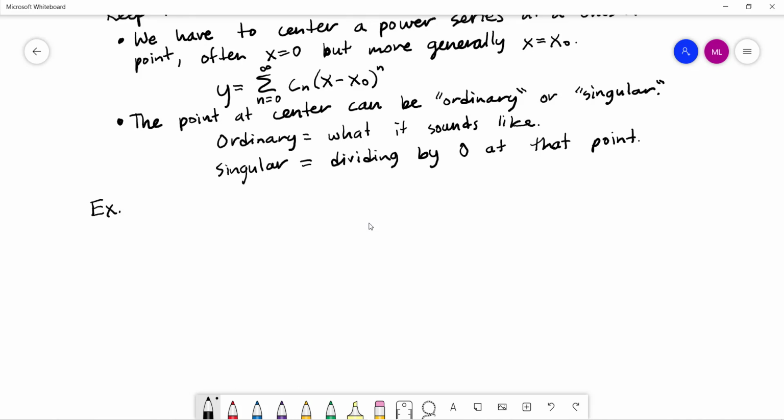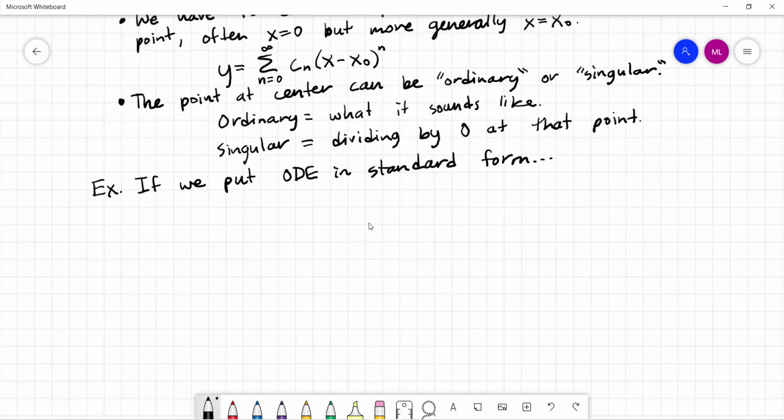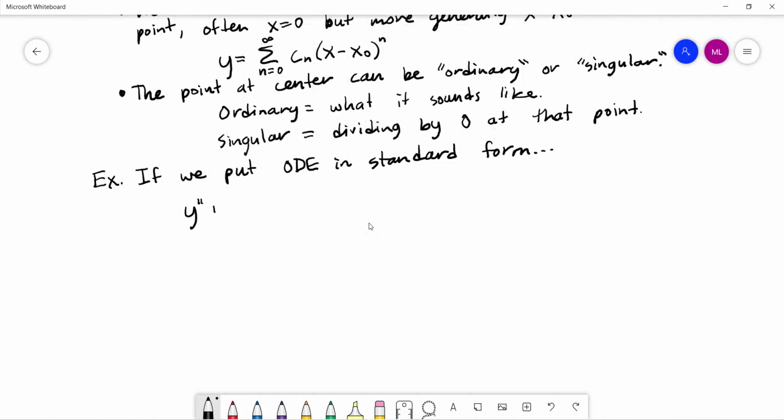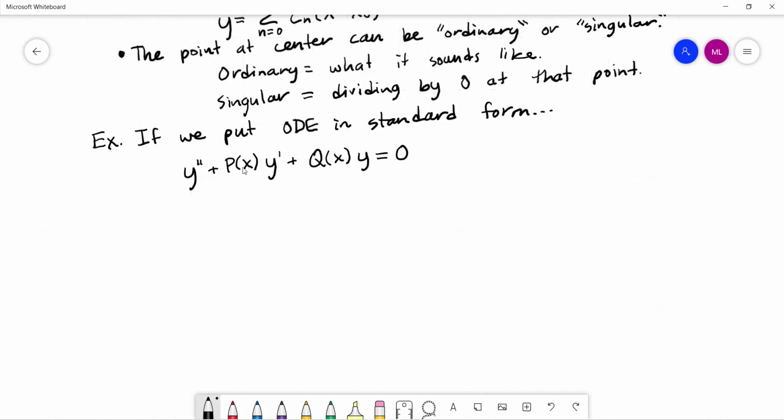if we put the ODE in standard form, which is y double prime plus p of x, y prime plus q of x times y equals 0, right? This is the form that we've often used. If either of these are singular at any points, right?